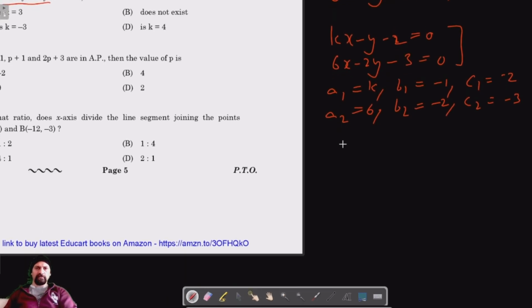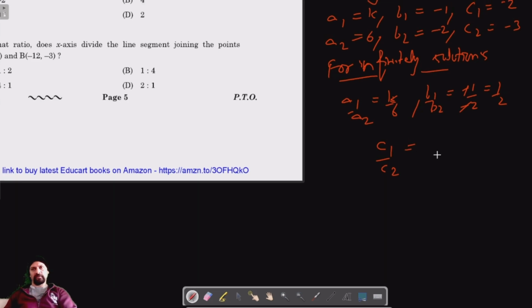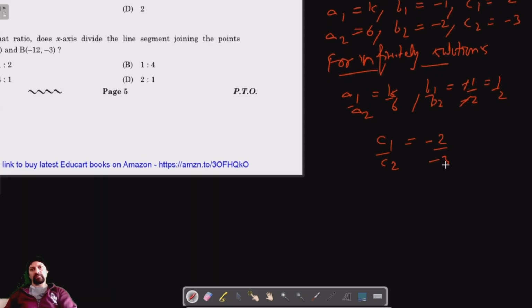Now, for infinitely many solutions, we know that the condition is A1 upon A2, B1 upon B2, C1 upon C2. Here A1 upon A2 is equal to k by 6, and B1 upon B2 is equal to -1 by -2, which is 1 by 2, and C1 upon C2 is equal to -2 by -3.